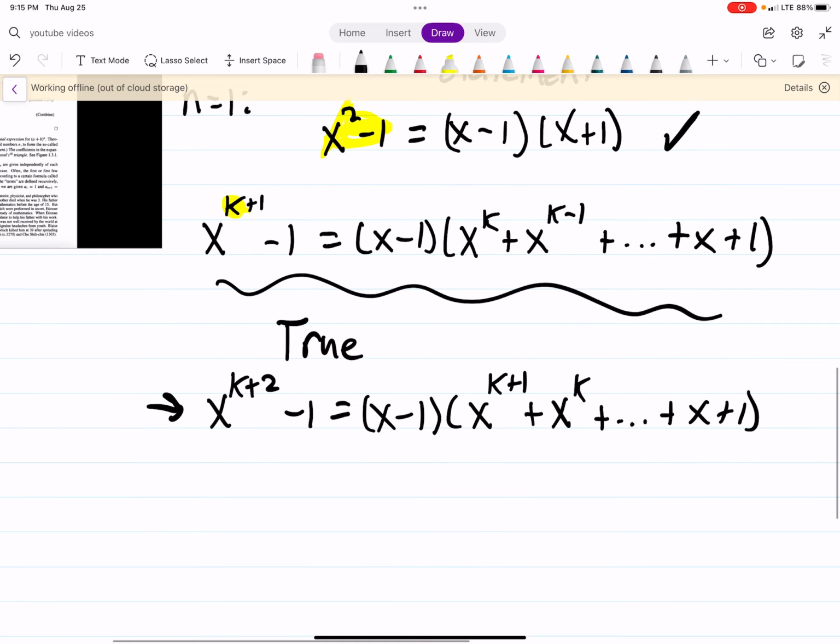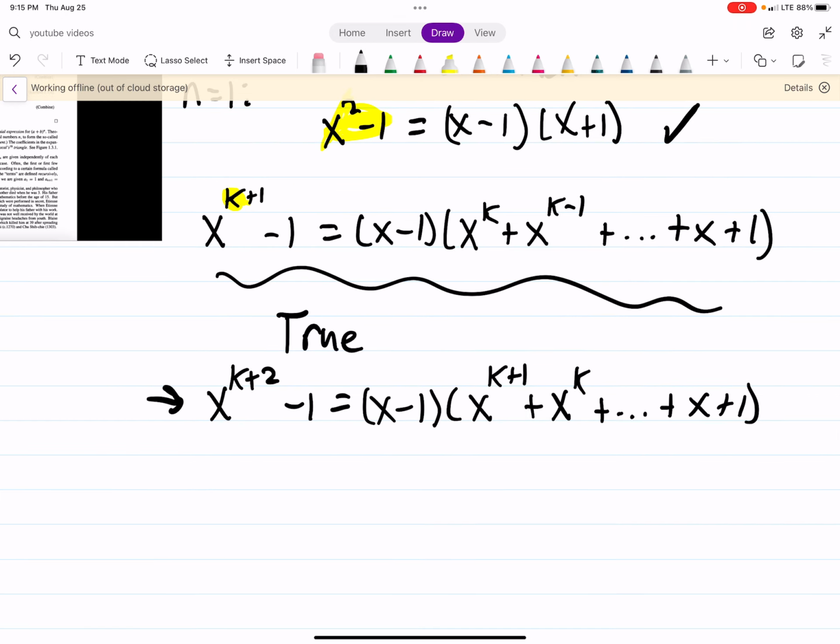Okay, so let's see. How should we go about this? Well, we could start by rewriting x to the power k plus 2 minus 1. This is equivalent to x times x to the power k plus 1 minus 1, plus x minus 1.